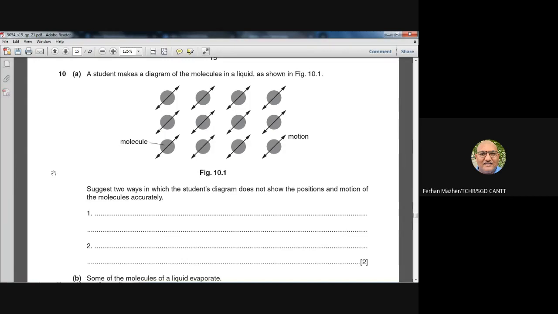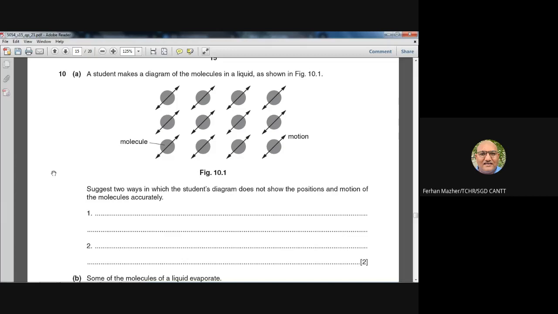Another argument can be that, with the help of the arrows, he has shown that the molecules are vibrating, and all of them are vibrating in the same direction, which cannot be the case in a liquid.